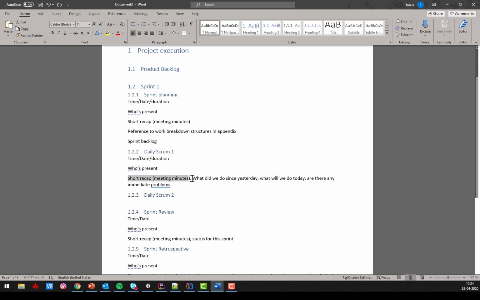But as Scrum says, you will discuss what did you complete or do since yesterday. What will you all be doing today? So you could consider it a very short planning meeting, just delegating out tasks or stating what you're working on, and then if there are any immediate problems. Now, an important point is that you do not start discussing these problems at this meeting, because usually that will just result in 2 people talking and the other 2 sitting by and waiting.